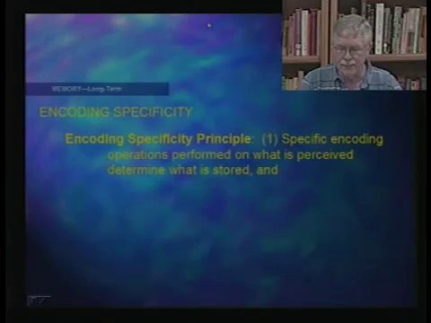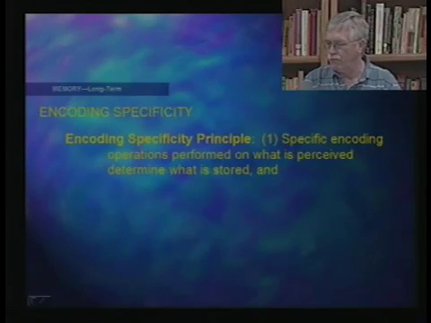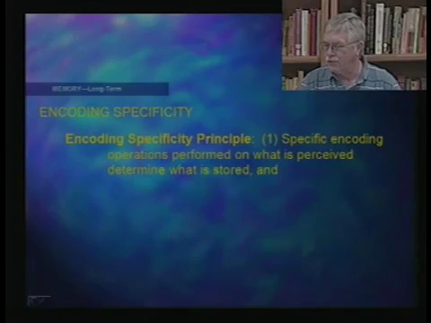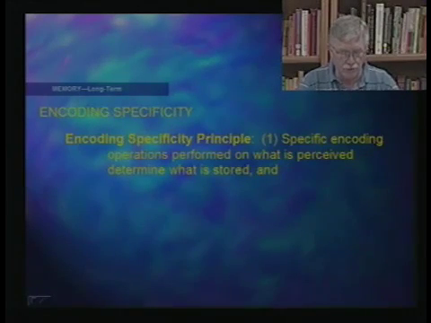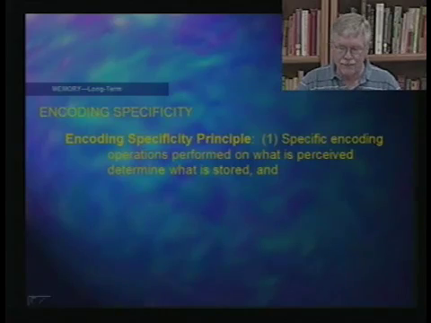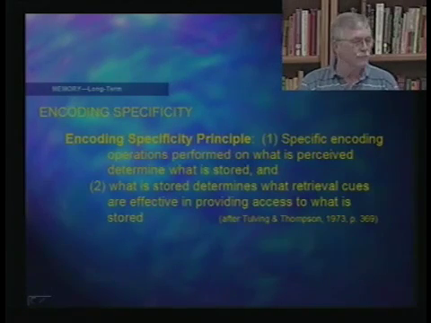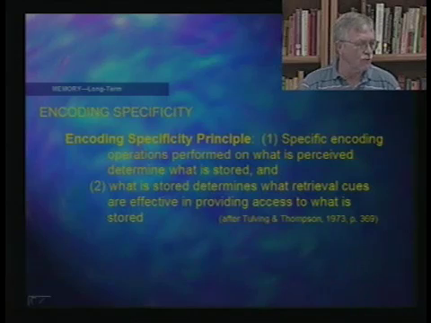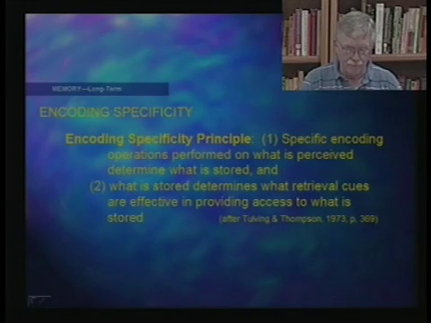One is the fact that specific encoding operations performed on what is perceived determine what is stored. That is essentially what I've just demonstrated for you. And secondly, what's stored determines what retrieval cues are effective in providing access to what is stored. Okay?